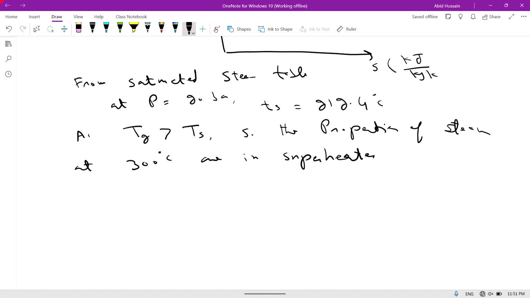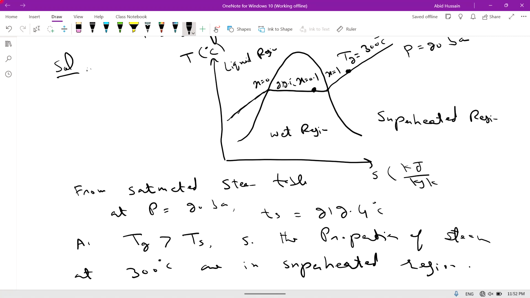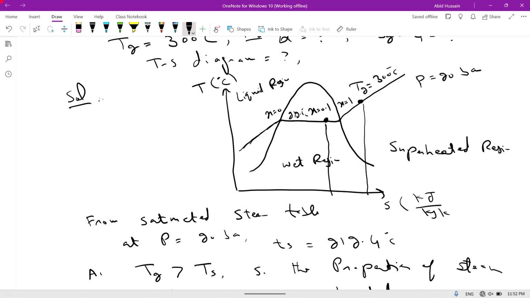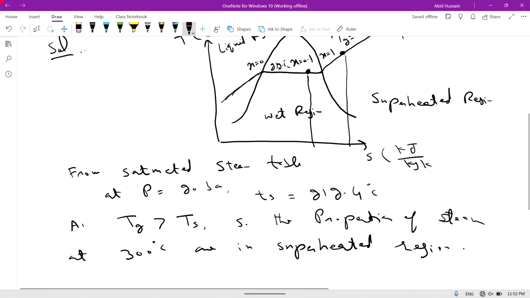It means that point 2 will be in the superheated region. So this is point 1 and this is point 2. Now we shade in the area which represents the heat flow. This area I shade, this region is the heat supplied.